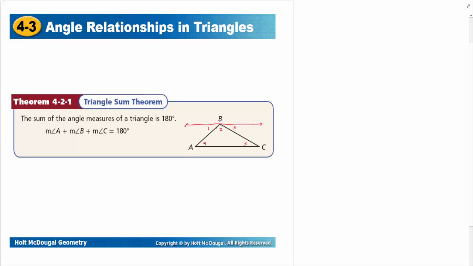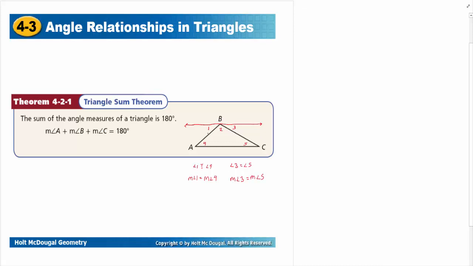Well, because of AB being a transversal, if these were parallel, I could say angle 1 is congruent to angle 4. Therefore, the measure of angle 1 equals the measure of angle 4. Same thing, alternate interior angles. Angle 3 is congruent to angle 5. So the measure of angle 3 equals the measure of angle 5.